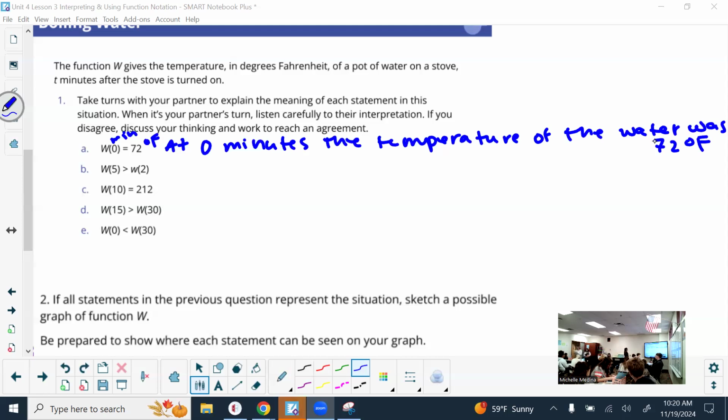Table 7, what about when it says W of 5 is greater than W of 2? What does that mean? Okay, good. So at the 5 minute mark, the temperature was greater than at the 2 minute mark.